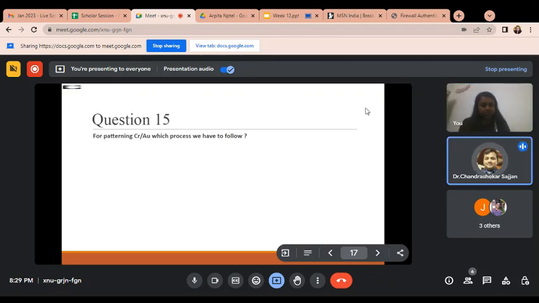In positive photoresist, the one which is exposed will have a... In positive, it will be the reverse of what we do, right?